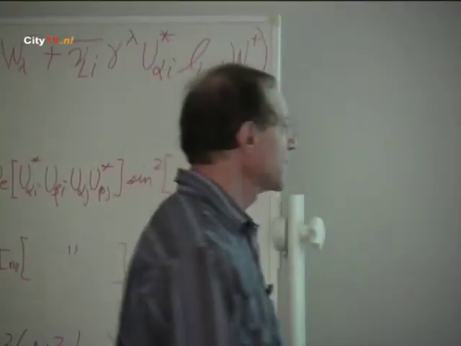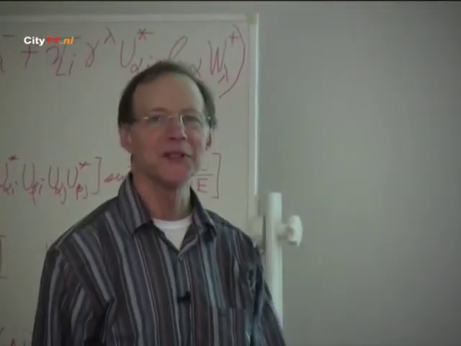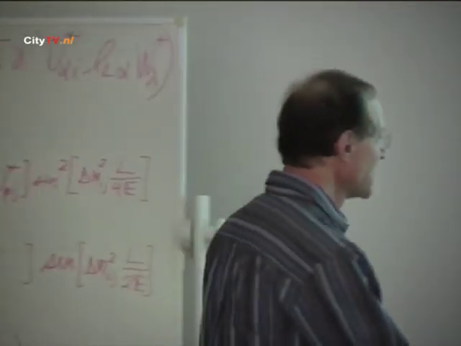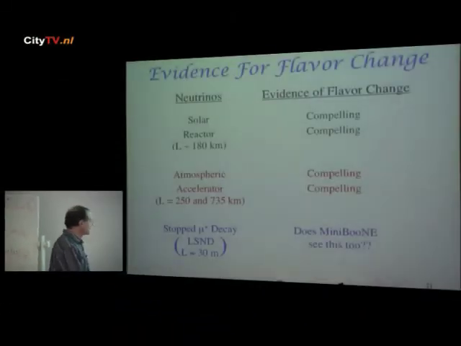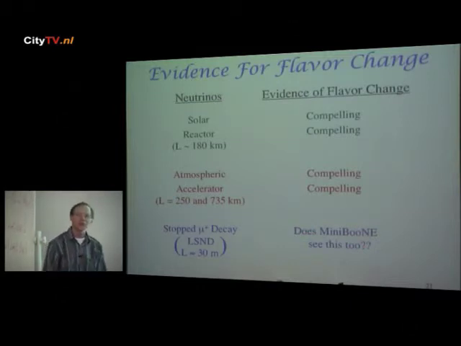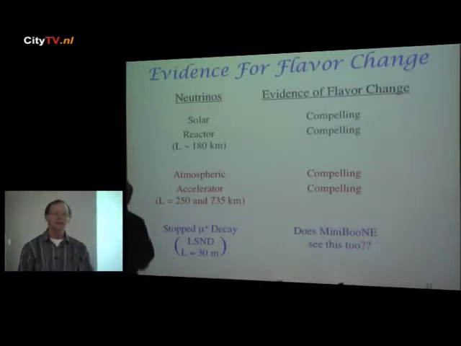And there's even some evidence, to which we will return, from an experiment called LSND, which reports that perhaps the neutrinos from stopped mu plus decay oscillate already when they travel 30 meters, not kilometers, meters. And there's an experiment running at Fermilab called MiniBooNE, which is supposed to confirm or refute LSND, and I will talk about what MiniBooNE sees later.